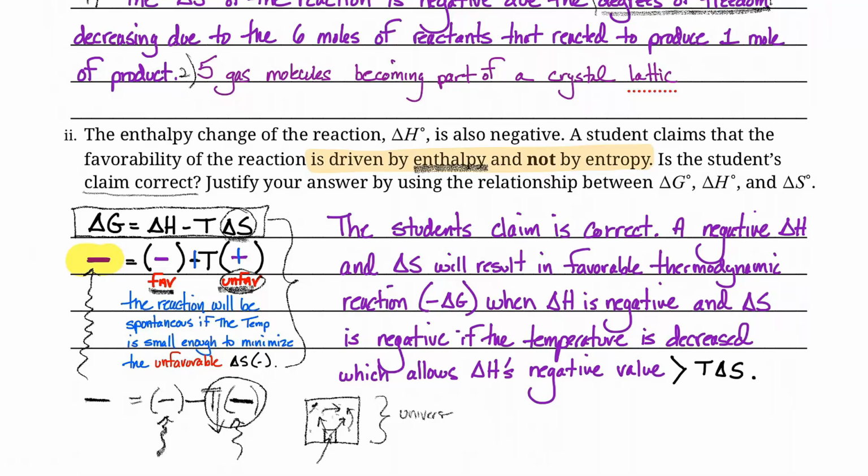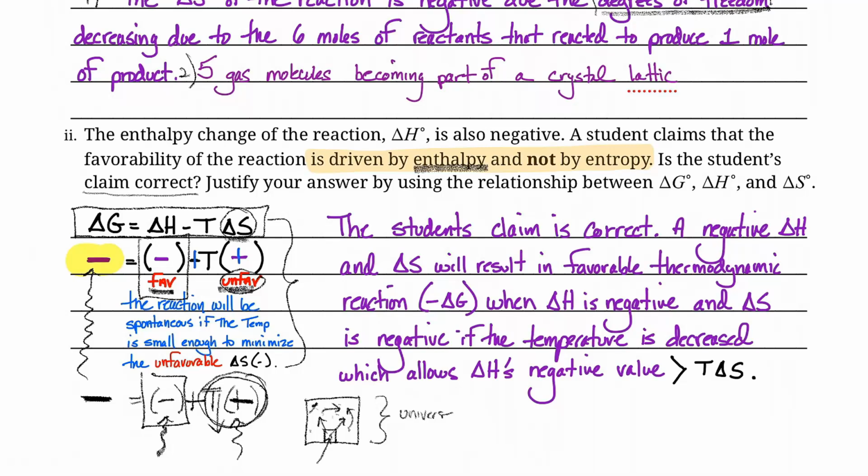And by the way, if you do your math, you can see a negative plus a positive. The only way for this to result in a negative is if this exothermic favorable condition wins out. One way to do that is to lower the temperature to minimize the unfavorable condition of the degrees of freedom decreasing that we saw in I.